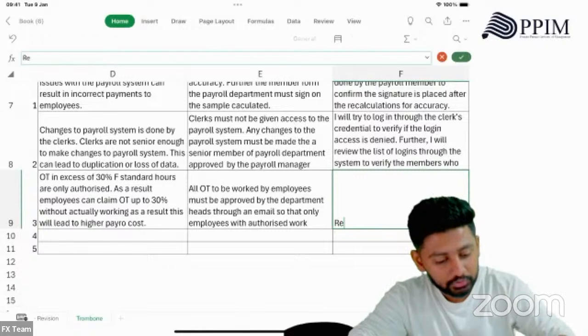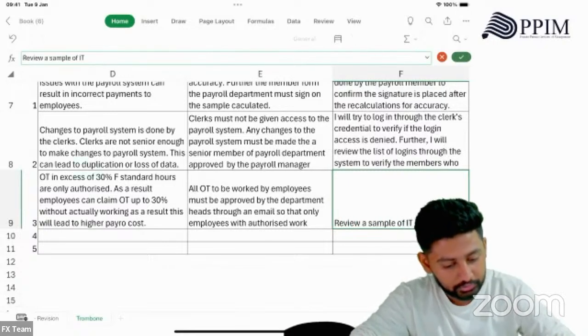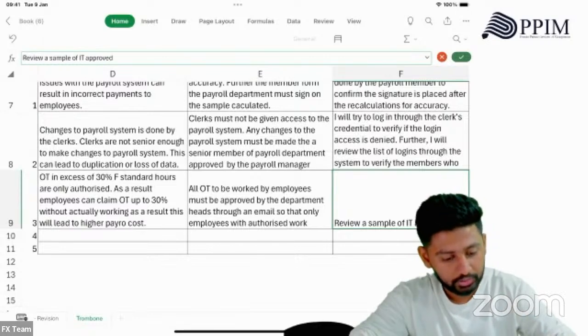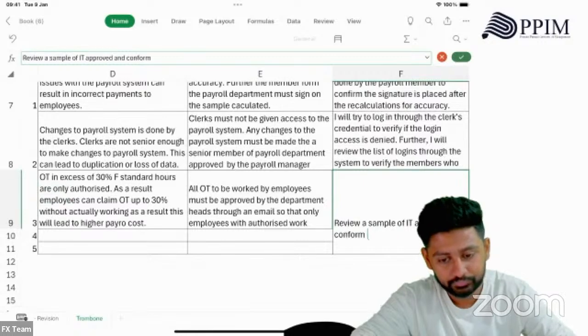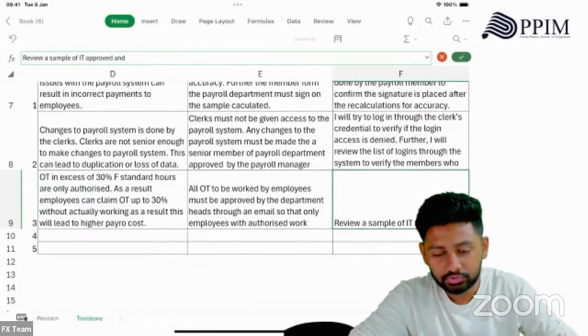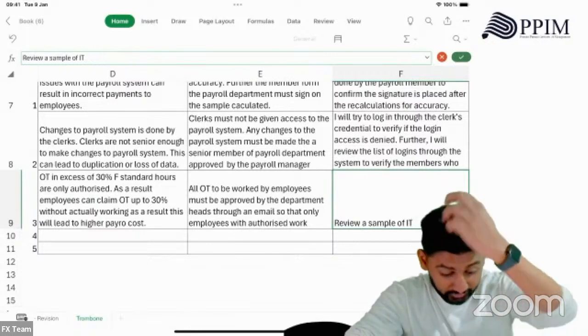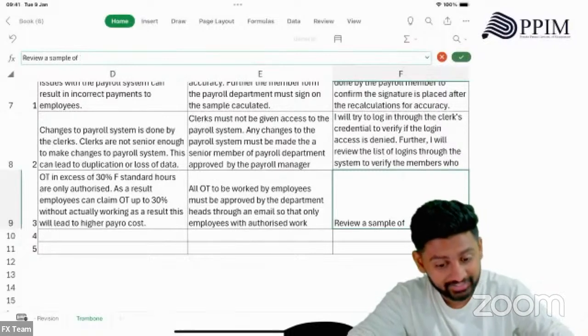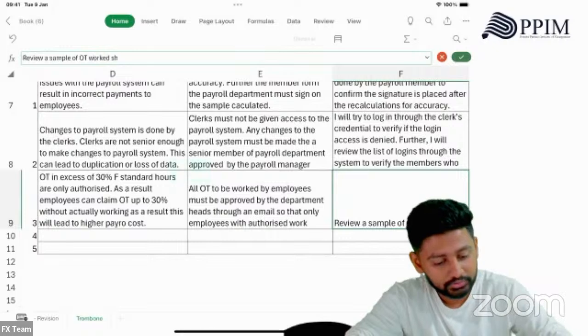So I'm going to say: review a sample of OT approved and confirm... OT, what is that? OT sheets, right? Not IT, OT, overtime worksheets.